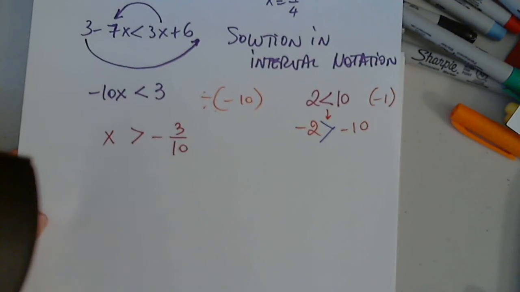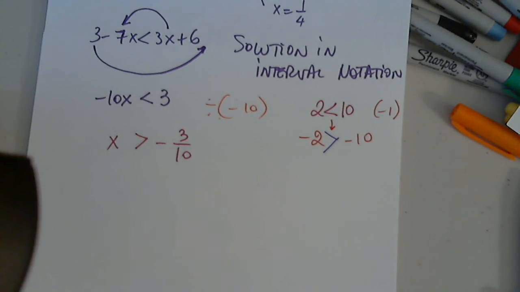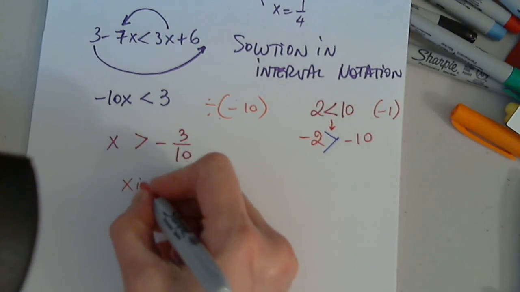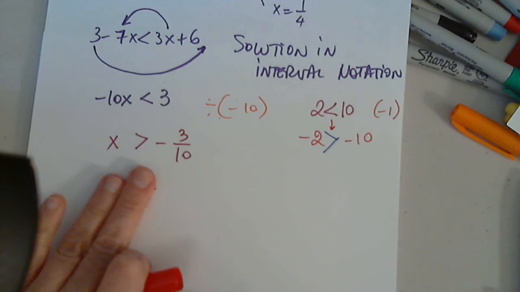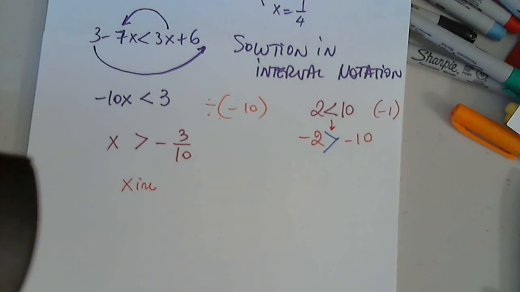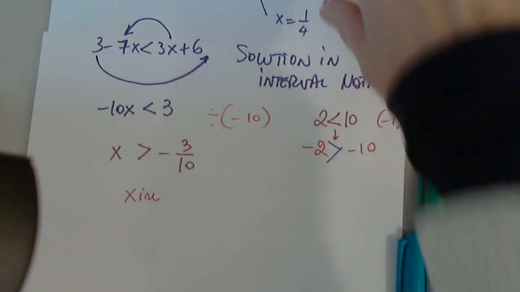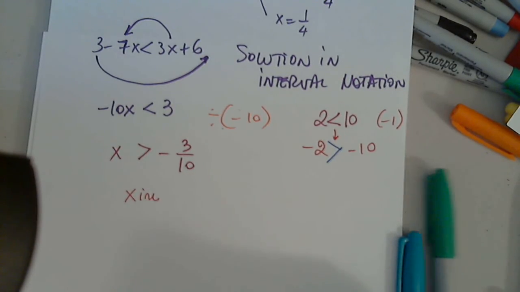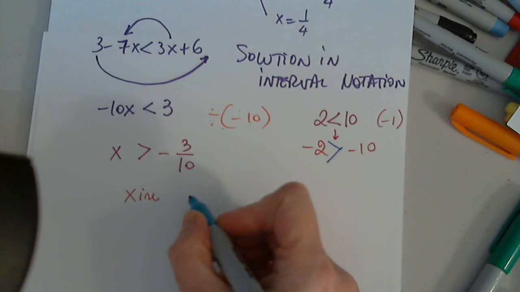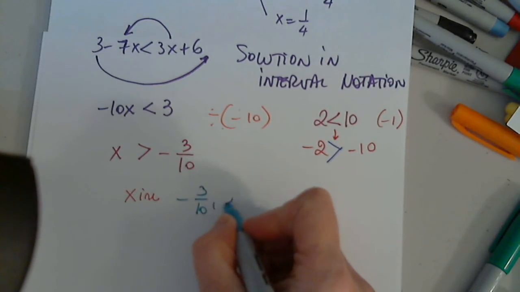Okay. So in interval notation, we will write that x is in, you can skip that if you want. I prefer it so we know what it means. Can anyone give us the interval notation then? It's from negative 3/10 to positive infinity.